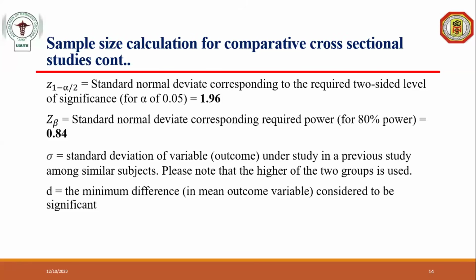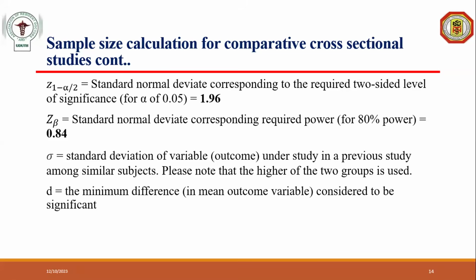So maybe if you find the standard deviation among group 1 is 90, while standard deviation in group 2 is 40, then you are going to use the standard deviation of group 1, which is 90, because it is higher than 40 for group 2. So that is how you select your standard deviation between the two groups. Anyone that is higher is the one that you are going to use.